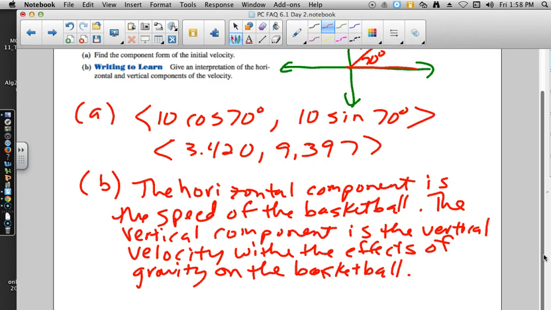That up and down piece is determined by gravity, the effect of gravity, along with, of course, the force that you are pushing that basketball with, but that has more acting on it than just the speed for the vertical component.